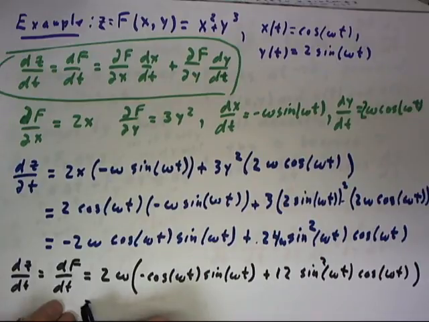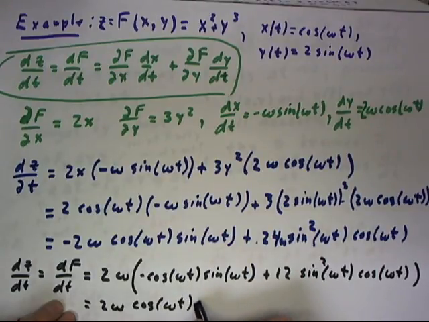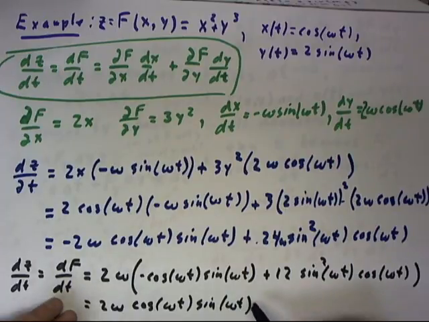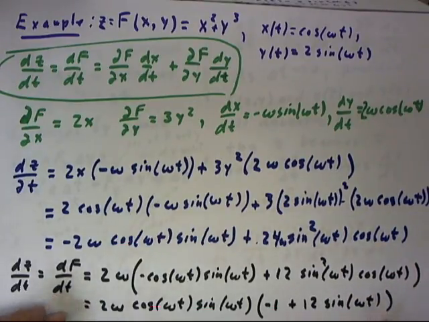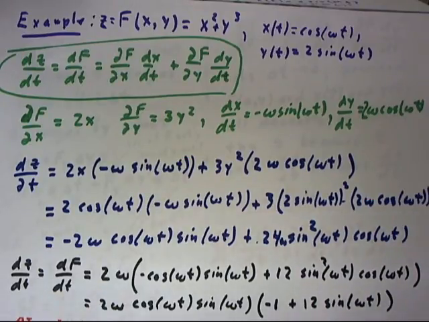So we could write this finally as 2 omega cosine of omega t sine of omega t multiplied by negative 1 here, and factoring out the cosine and one of the sines, we then have 12 sine of omega t. And that completes the calculation.